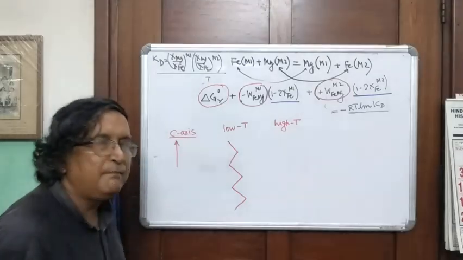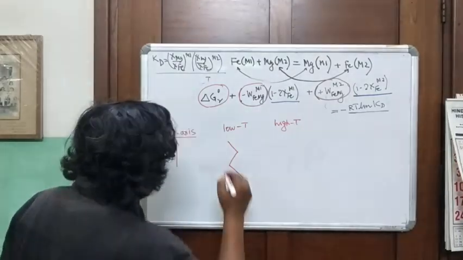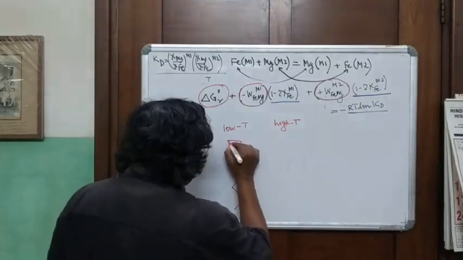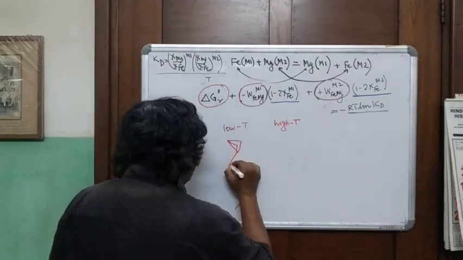It is a crumpled line where these are all SiO4 tetrahedra.